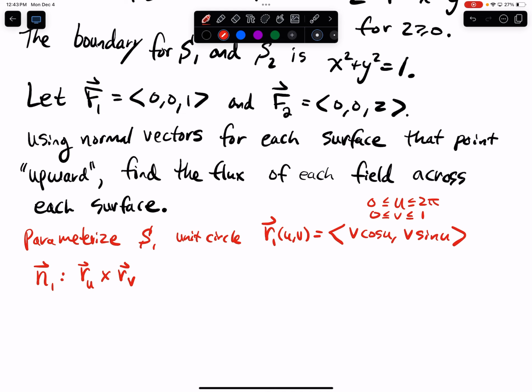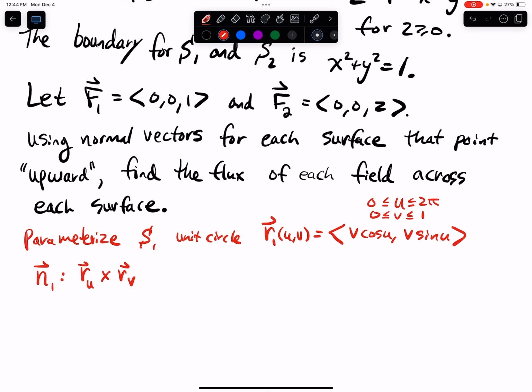And then when I cross it, my thumb points outside the surface, which this one is going to point down. Y'all follow that? Points down. I don't even have to go through all this math to know it's going to be pointing down, but we'll go through it, and hopefully it works out.